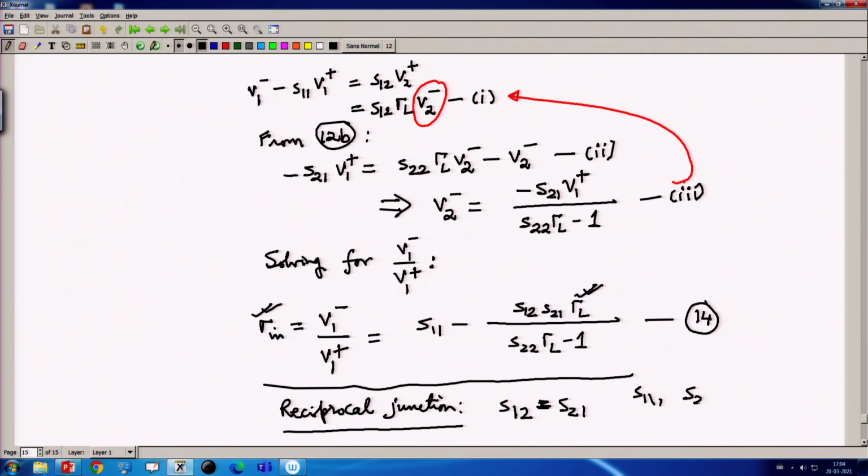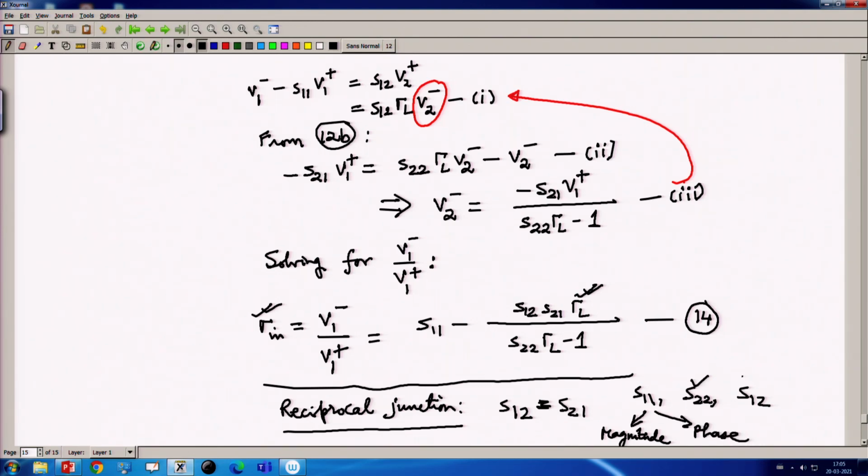S11, S22, S12, both their magnitude and phase.